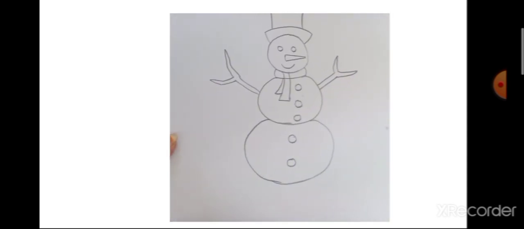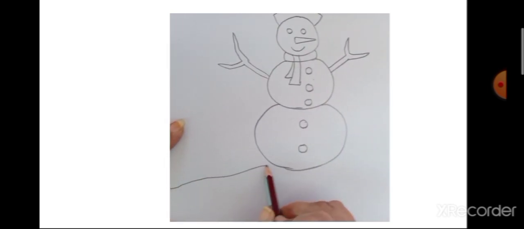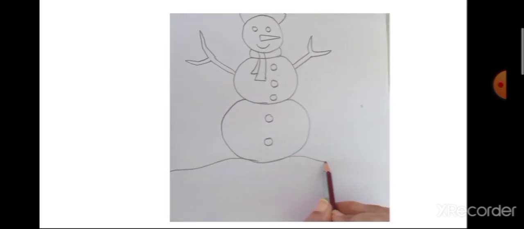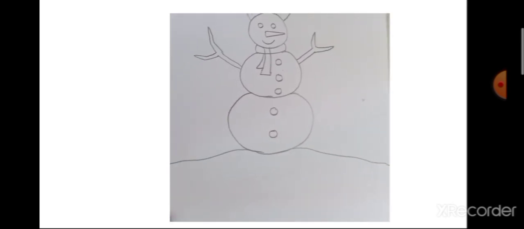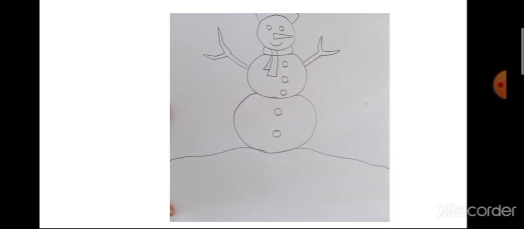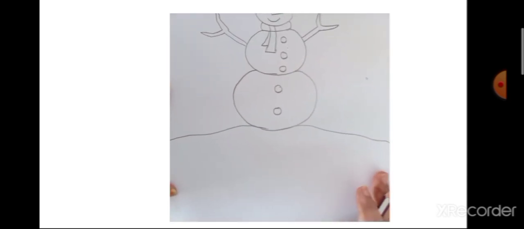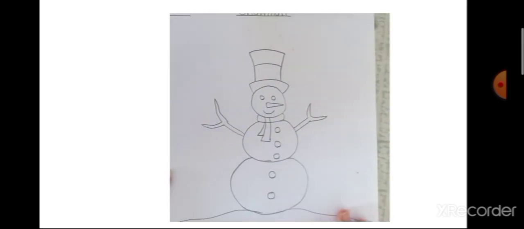Have you done? Now let's draw here one line like this. The snowman is made on snow. Here and everywhere there is snow.